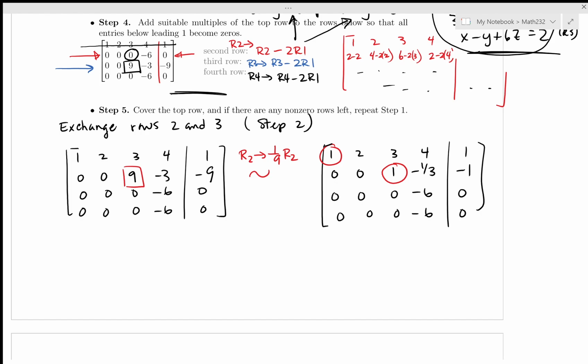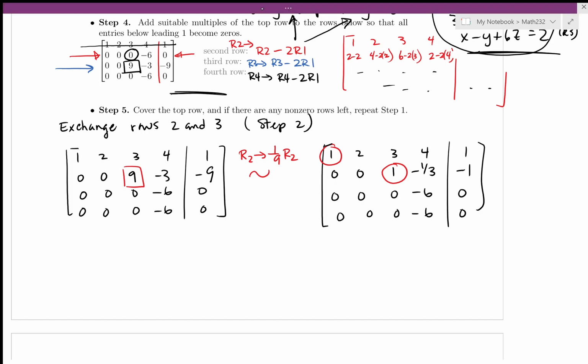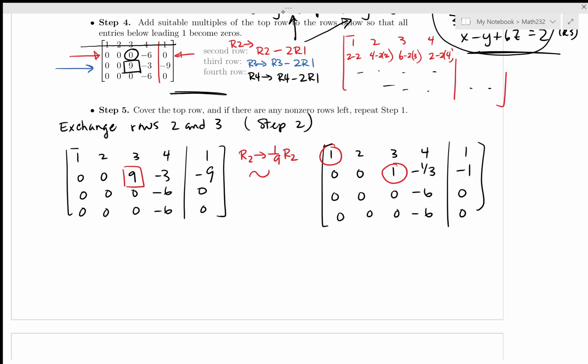Okay, so then what do I do then? I look down to the next row. If I cover up rows 1 and 2, and I look down to the next row, I observe this thing here, and that is not a 1. So then I decide that I should multiply. So I'm going to now change row 3. Row 3 is going to become minus 1/6 row 3.